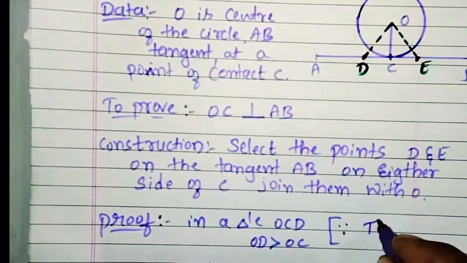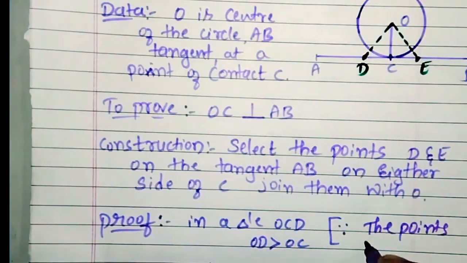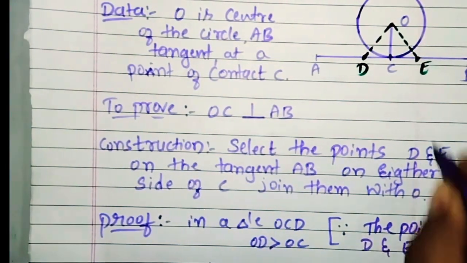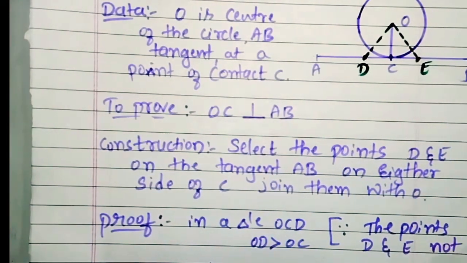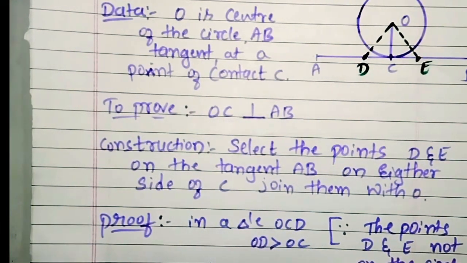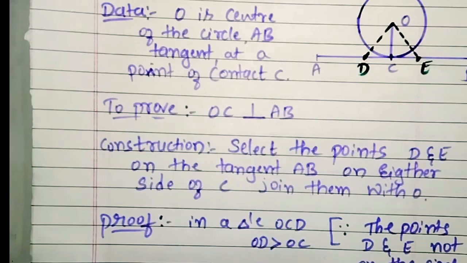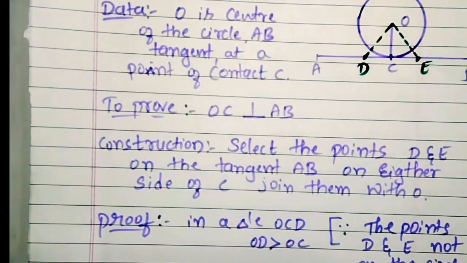Because the points D and E are not on the circle, but definitely on the tangent AB. Okay, so that's why they are greater.